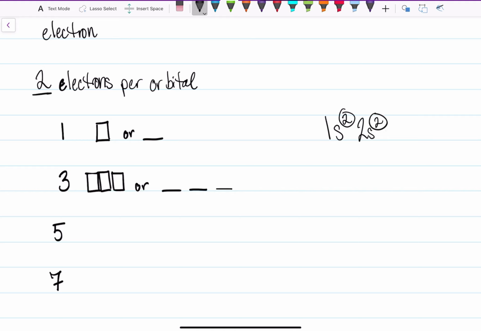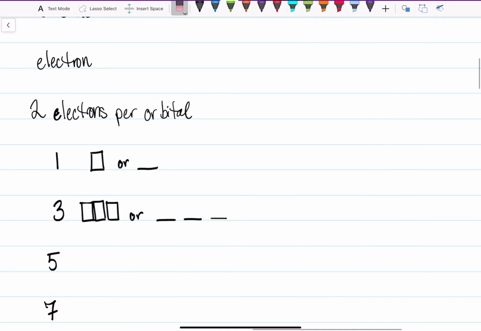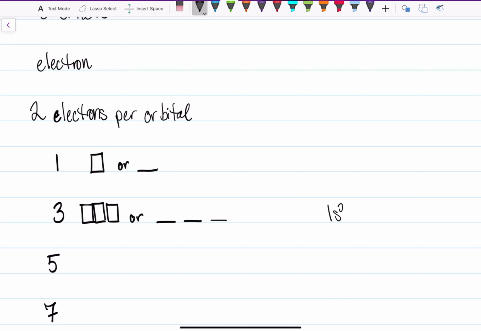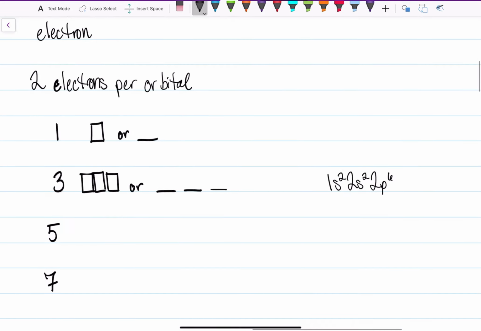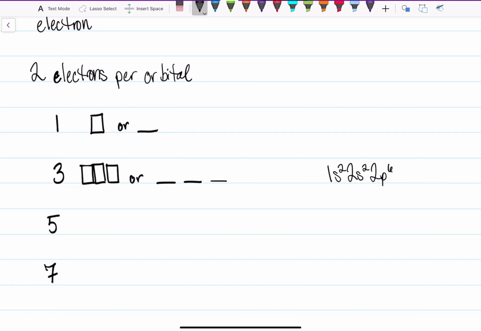And if 2 electrons can fit in each orbital, well then 2 divided by 2 is just 1. So we only need 1 orbital. And then for the P, if we kept going with this configuration we had, we know that the highest that can fit in the P sublevel would be 6. That's how many elements we can count across.